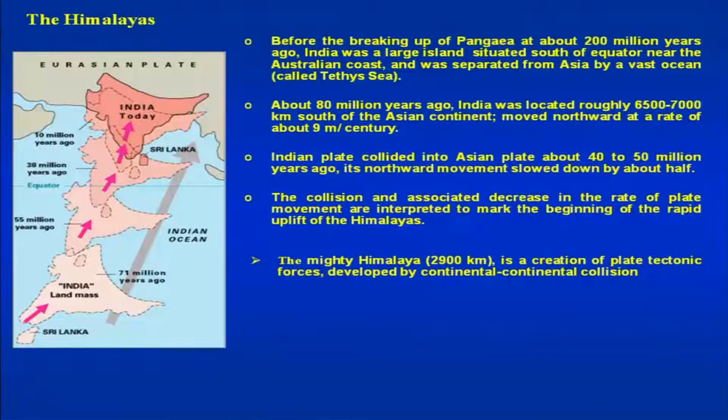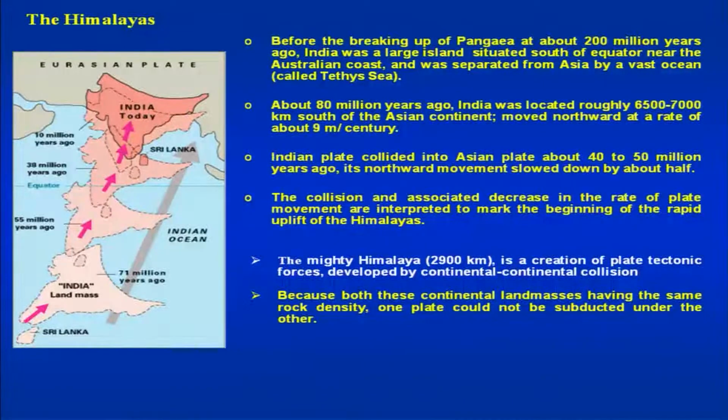So the mighty Himalaya, which covers a distance from east to west of about 2,900 kilometers, is a creation of plate tectonic forces developed by continental-continental collision. But please remember that initially there was a subduction between the continental plate and the oceanic plate, which was ahead of, or in front of, the Indian plate.